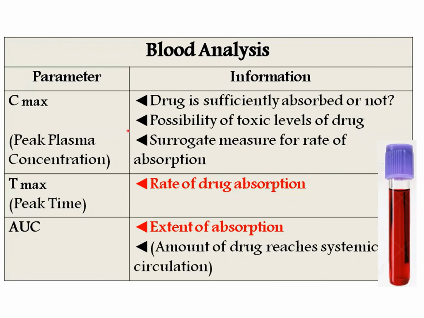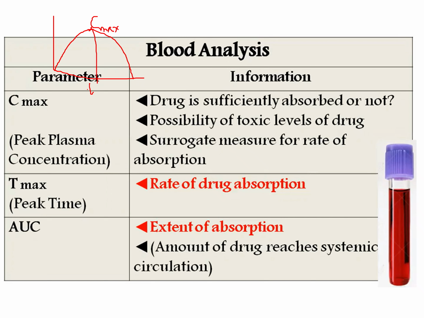So let's discuss the blood analysis. In our other courses, we have already learned the area under the curve. We have all learned about this curve. In this curve, we can see there is a maximum concentration which is called Cmax. This is the Cmax, and the time when Cmax is achieved is called Tmax.